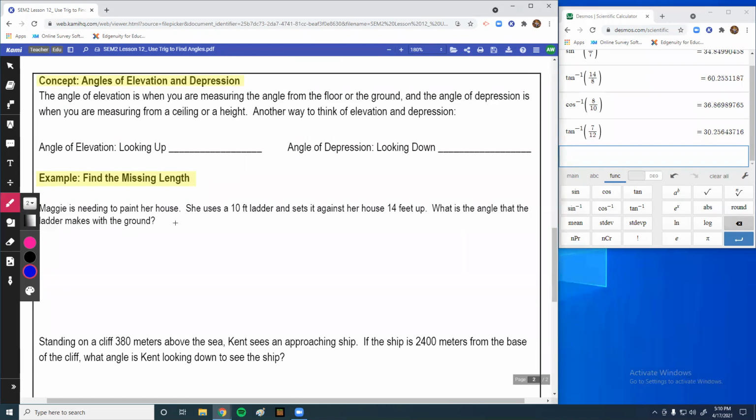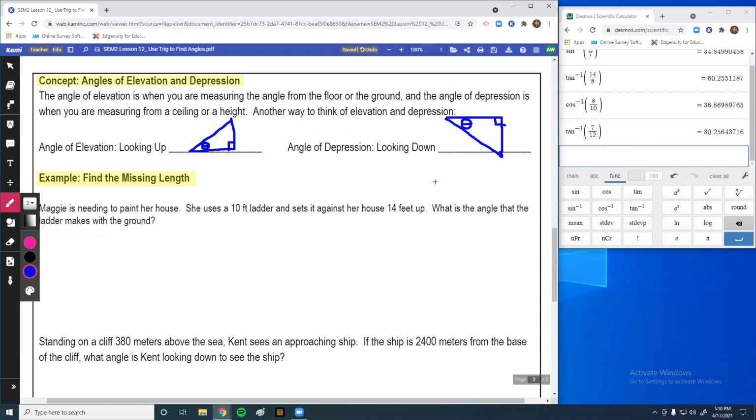Think of angle of elevation as looking up, and the right triangle I want you to use looks like this with the angle down in the bottom. Angle of depression is looking down like an upside down right triangle with the angle up top.